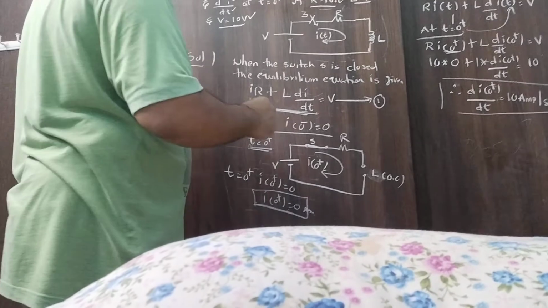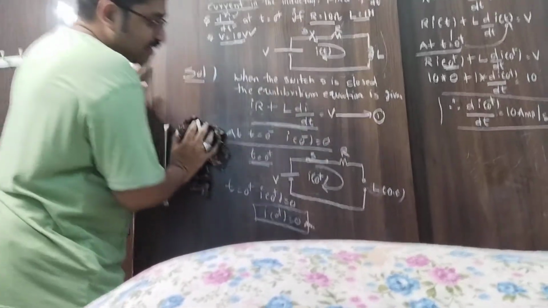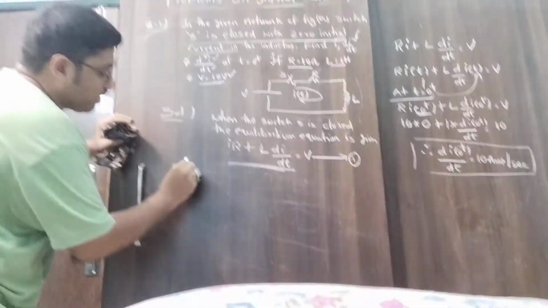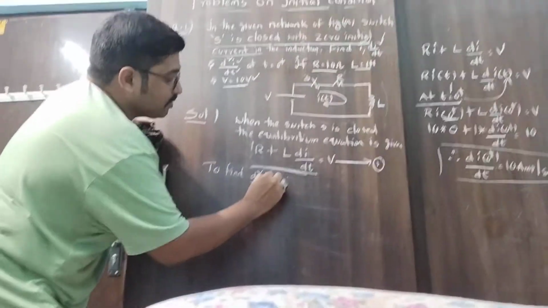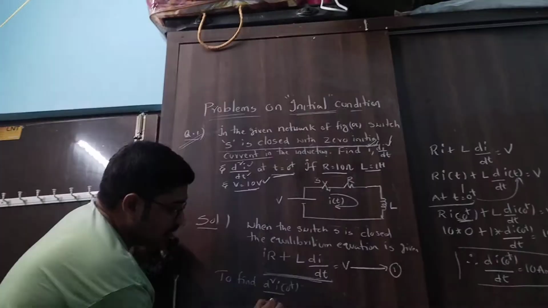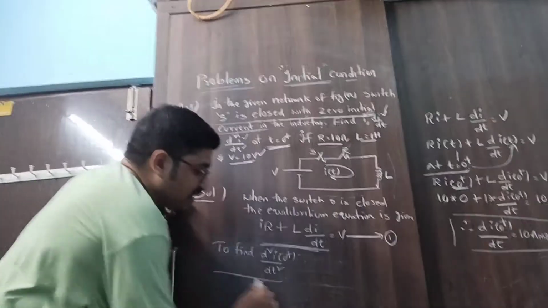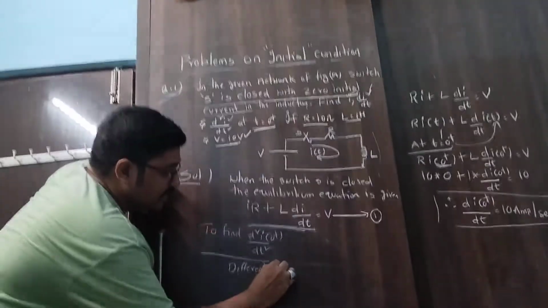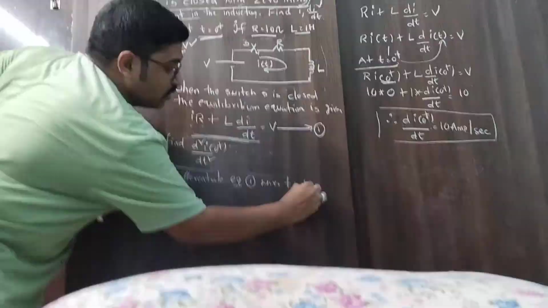Now what do I need to calculate? d square I divided by dt square. To find d square I of 0 plus divided by dt square, at t is equal to 0 plus, I need to differentiate equation 1 with respect to time t.